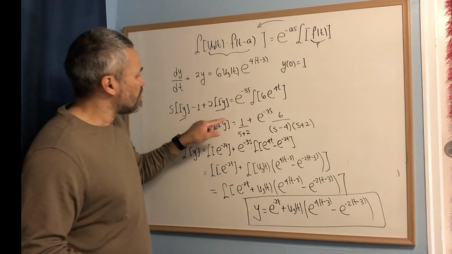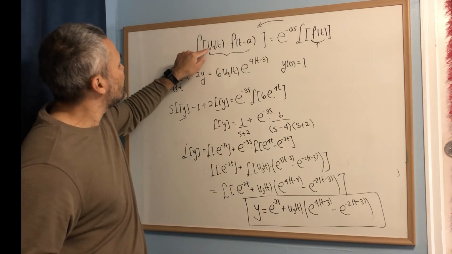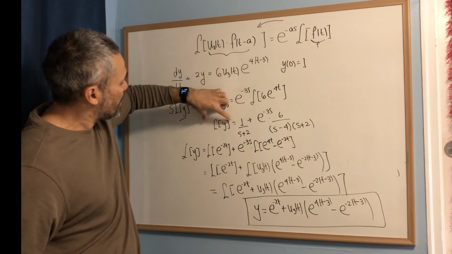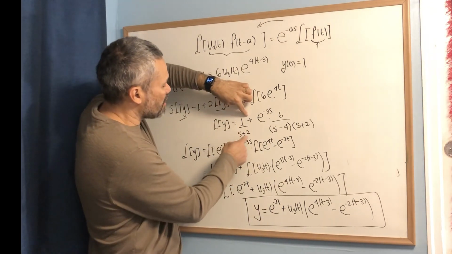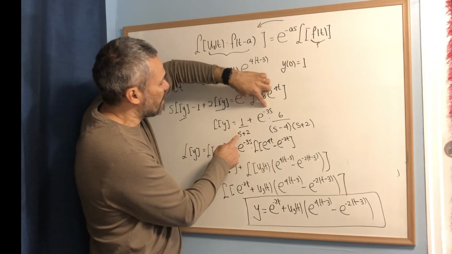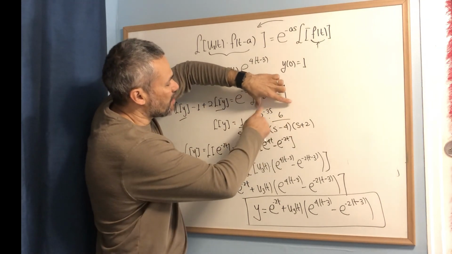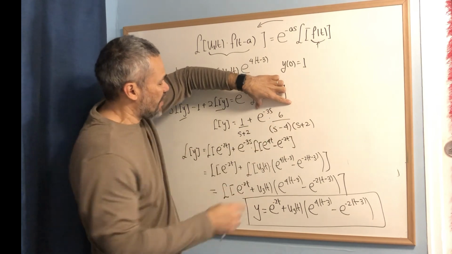Some observations. Remember that when you are dealing with the Heaviside function, you will get that the Laplace transform of y is equal to some part that doesn't have the e to the negative as and another part that has the e to the negative as.